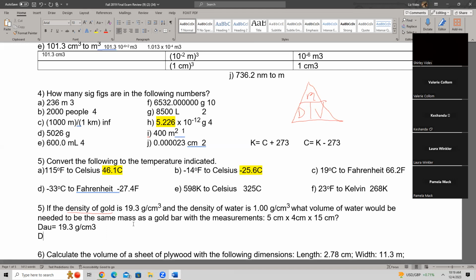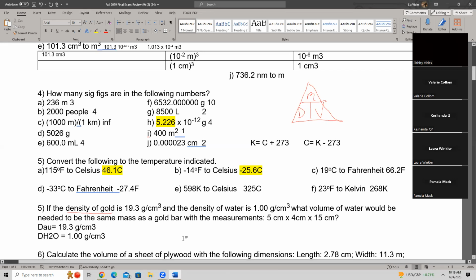D H2O is equal to 1.00 grams per centimeter cube, or milliliter, whatever. In this case centimeter cube, because it matches.